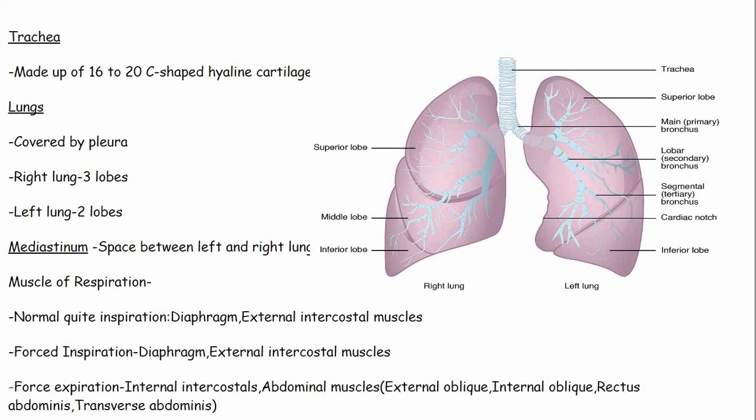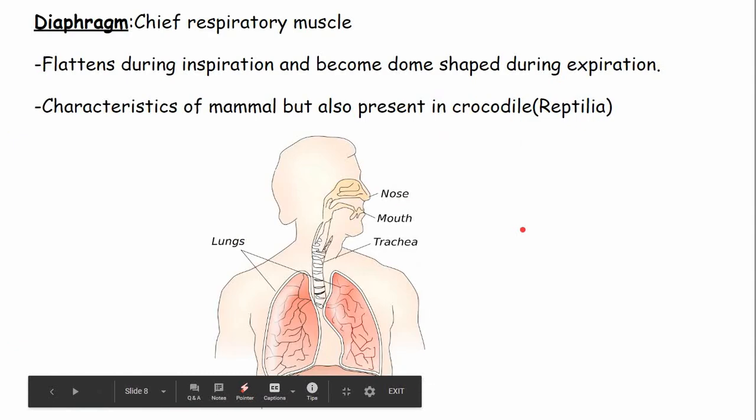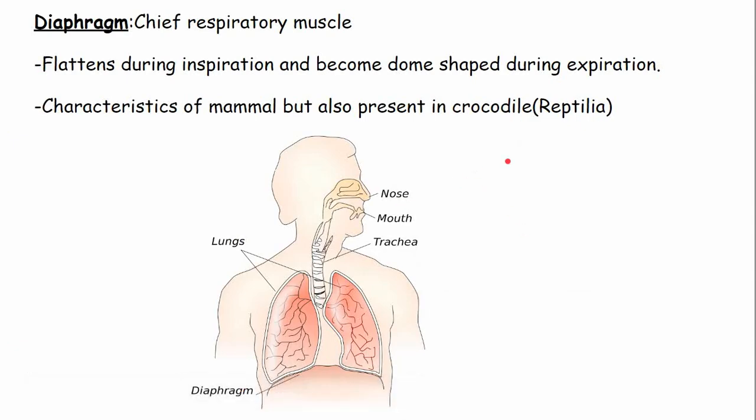Abdominal muscles include the external oblique, internal oblique, rectus abdominis, and transverse abdominis. You just need to recall these muscles. No need to study them in depth, just have some surface knowledge. You will study them further.